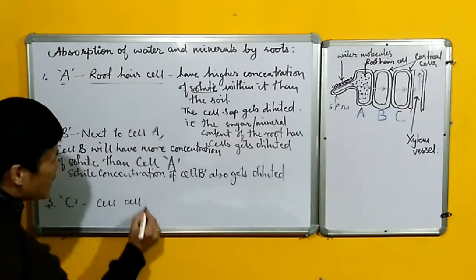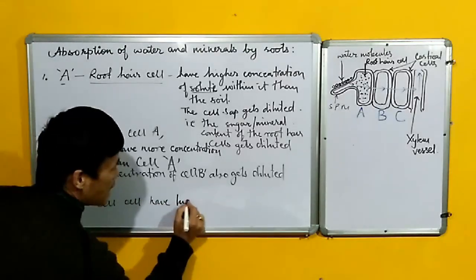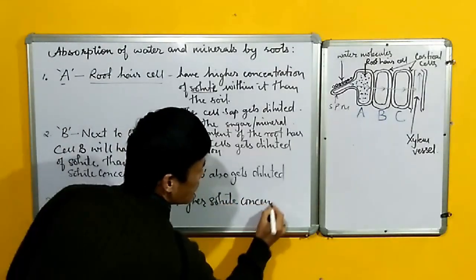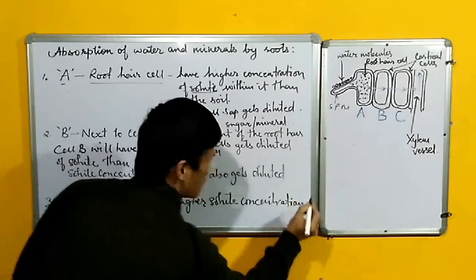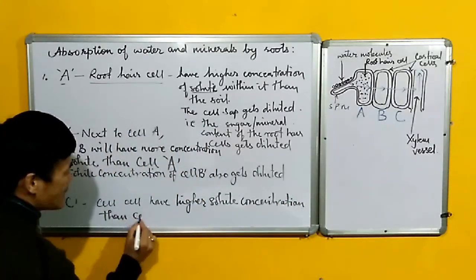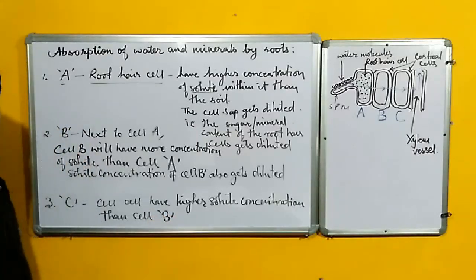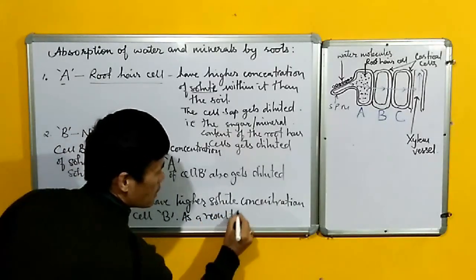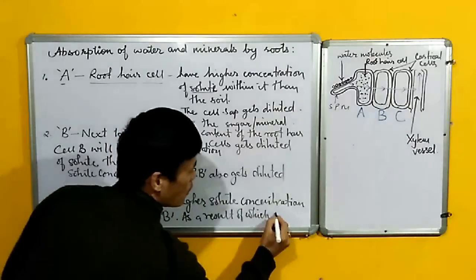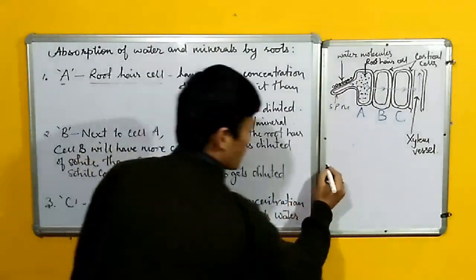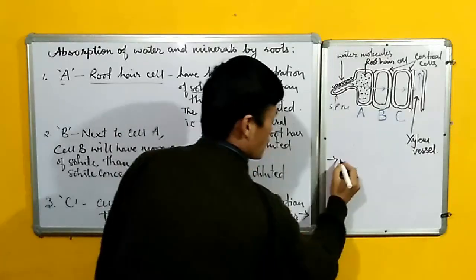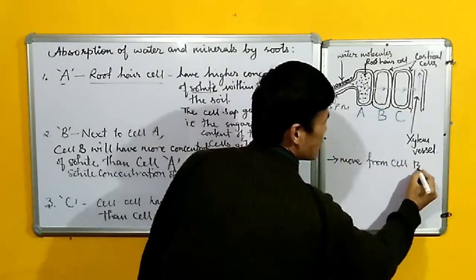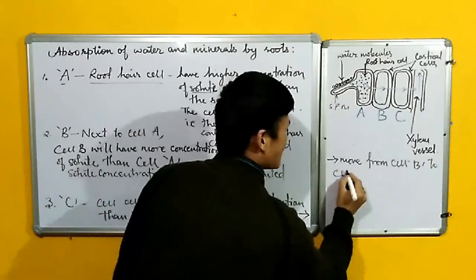Cell C has higher solute concentration than cell B. As a result of which, water will move from cell B to cell C.